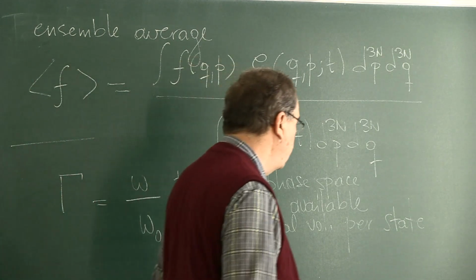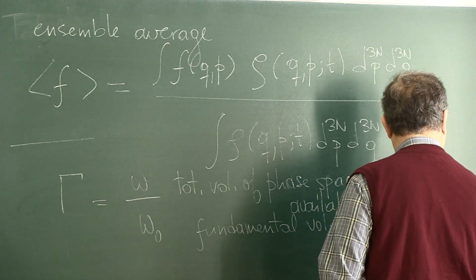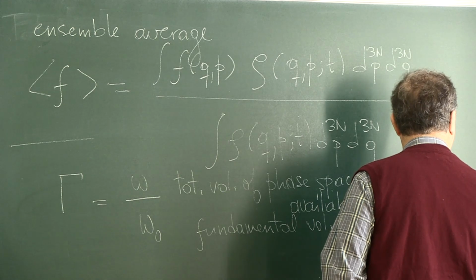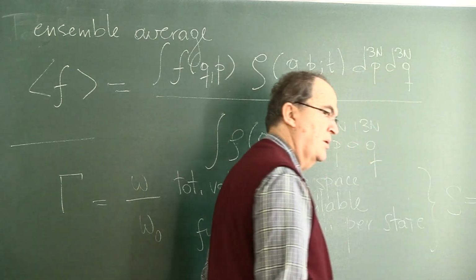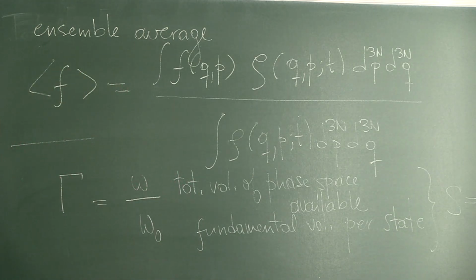So I can go from here to entropy, kB ln gamma, which in some sense gives me the thermodynamics. That's my program now.